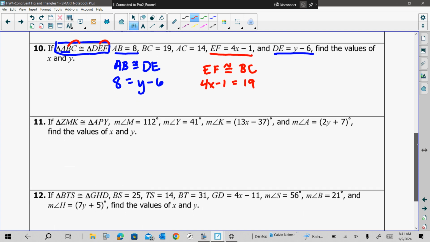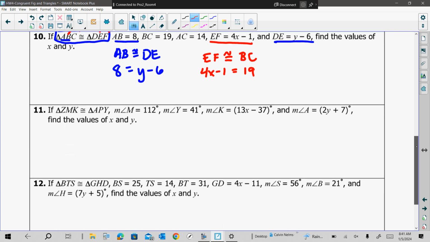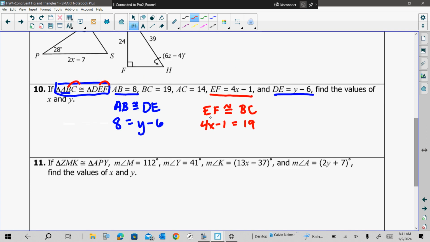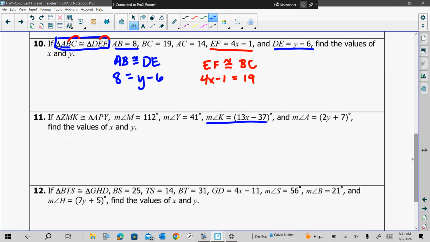Sides are easier than angles, because with angles you might have to find a missing angle. So like on 11, to find the x, which is angle K here, K maps to Y. So we know it's equal. Those two have the same value. So the 13x minus 37 is going to equal the 41.